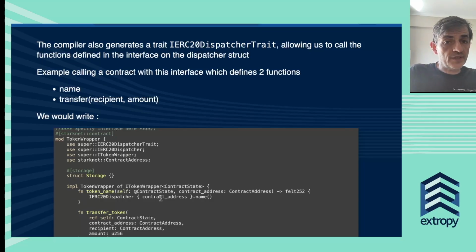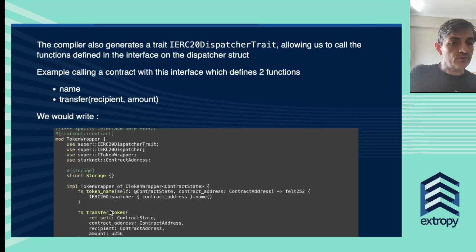We give that the contract address that we want to call, and then we can use the dot syntax to specify the function within that contract that we want to call. So in this case, we've said there's a function called name, and so we can use the dot syntax to call the name function, and that will bring back the name of the token in this case.